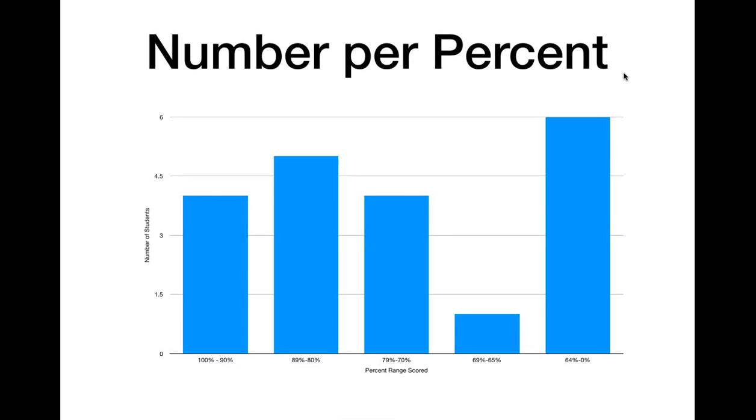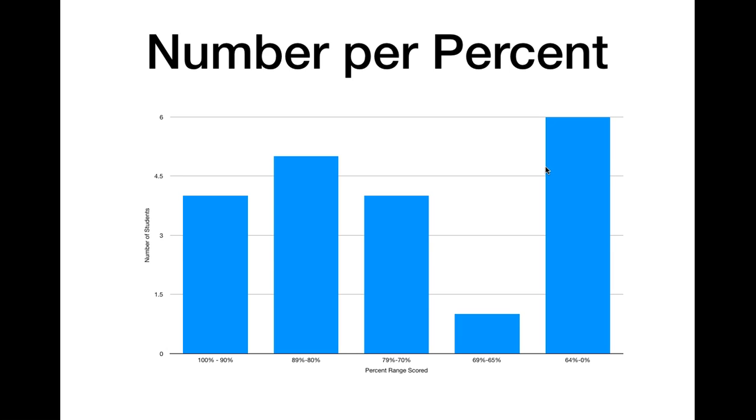And then I also just kind of made a bar graph for the number of students per percent. So at our school, 90 to 100 is an A, 80 to 89 is a B, 70 to 79 is a C, 65 to 69 is a D, and then 64 and below is failing.